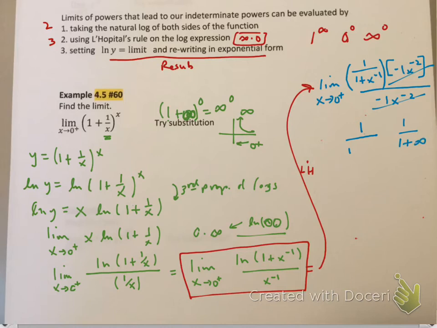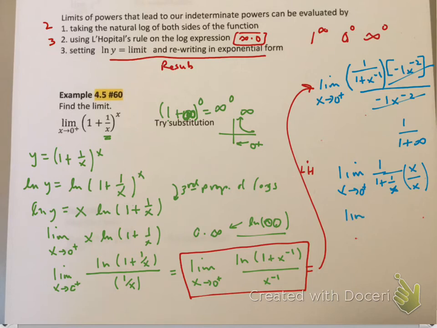So I really need to clean up the complex fraction. So I need to erase this. And I'm going to go ahead and clean that expression up. So when I write it, the limit as x approaches 0 from the right of what amounts to a 1 over 1 plus 1 over x. And I want to multiply by x over x to get rid of the complex fraction.